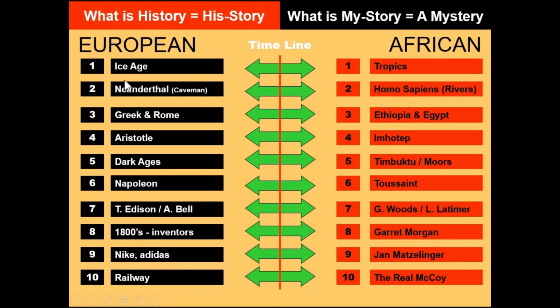The European evolved into a Neanderthal. So when they left the continent of Africa, they adapted to the conditions of the Ice Age, and their bodies changed to deal with the harsh environmental realities of living in the Northern Hemisphere.